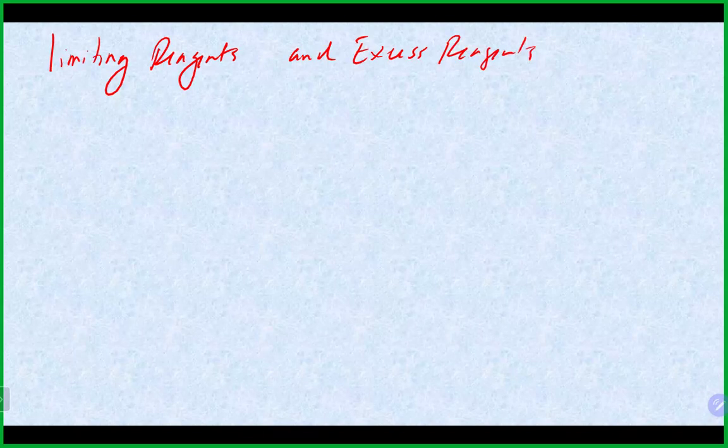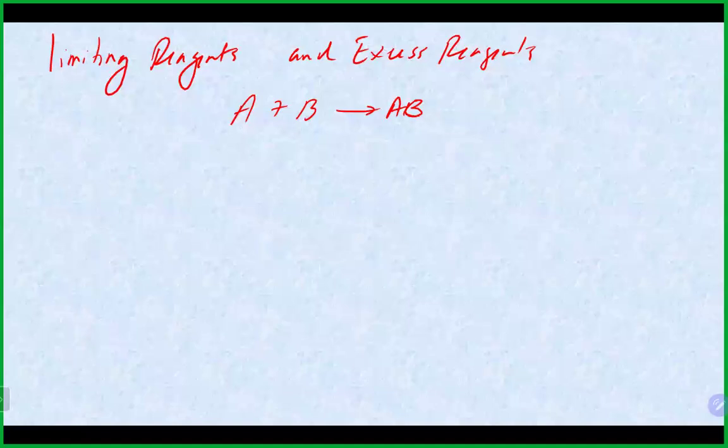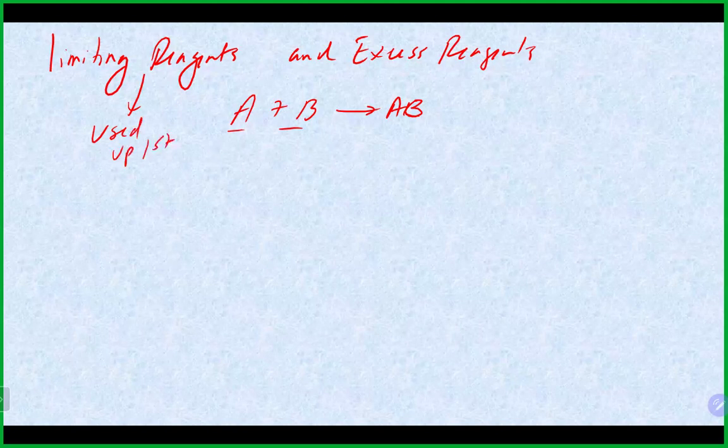The idea behind this is, if you have a reaction and you react both of these reactants together, there's always one that's going to get used up first, and that is your limiting reagent. Let's just say, for example, the A here again was our limiting reagent.